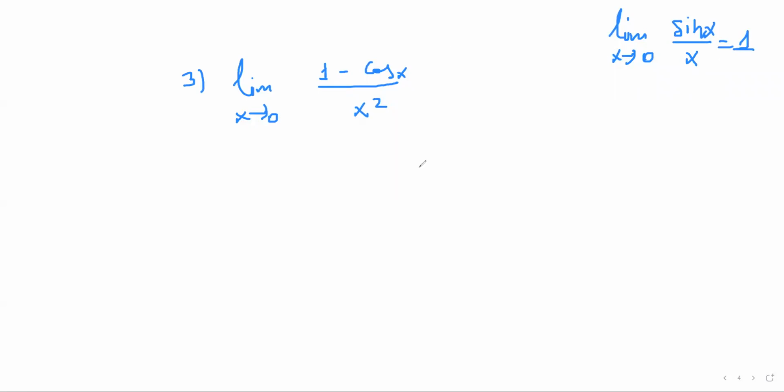So let's try to use it. But this form is not relevant, it is not seen like this. So we can bring it by some trigonometric simplifications to this form. Let's see how.